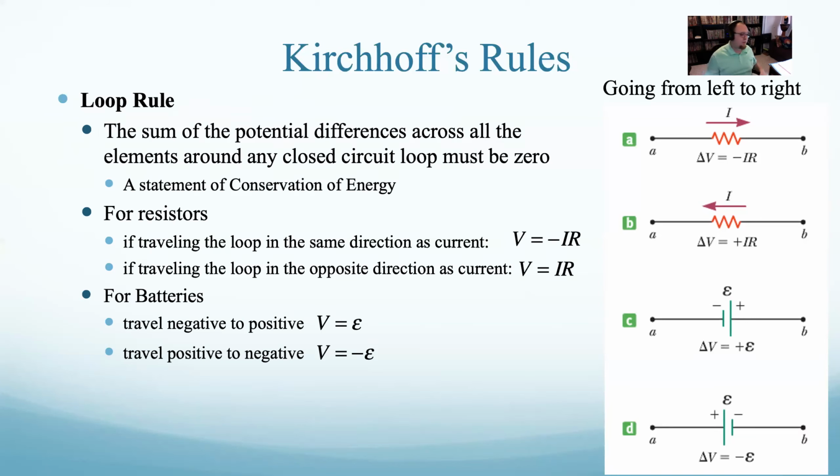I said we're going to use this for capacitors also. I'm only going to slightly touch on what this means for capacitors, but it will be the same general idea. Capacitors will also lose potential going the correct way. It's just we don't have as easy of an equation for capacitors.